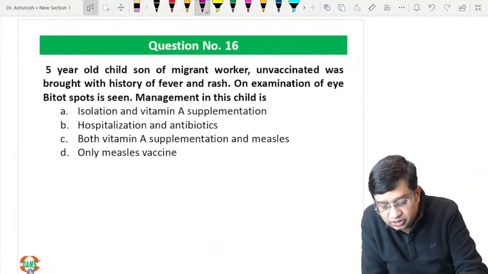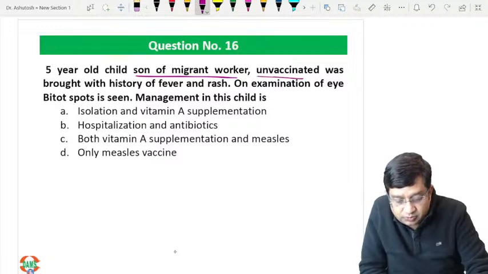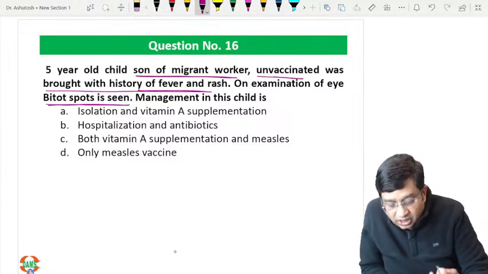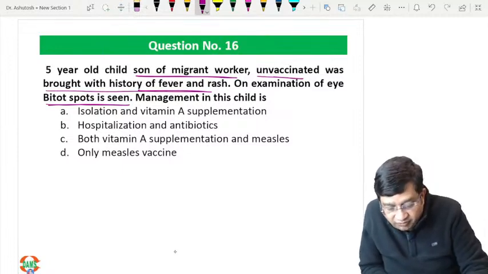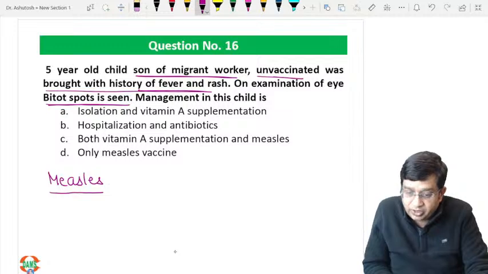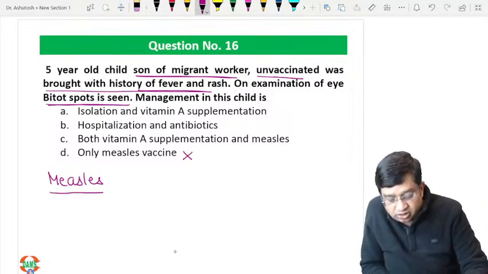Then one of the questions: a 5-year-old child who is a son of a migrant worker, unvaccinated, was brought with history of fever and rash. Examination of the eyes, Bitot's spots are seen, right? Unvaccinated child with fever and rash, with signs of vitamin A deficiency, so our diagnosis is measles. Now that measles has already happened, the vaccine is not required.